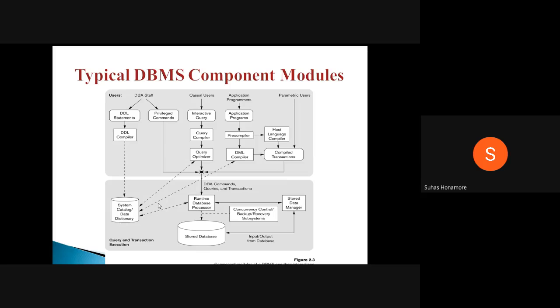Other than that, whatever query came, you just run it after seeing the privileges. The privileges are checked in the catalog, and it will allow you to modify the database. And then concurrency, backup and recovery. Backup is nothing but, if anything happens to that system, one more backup should be there.